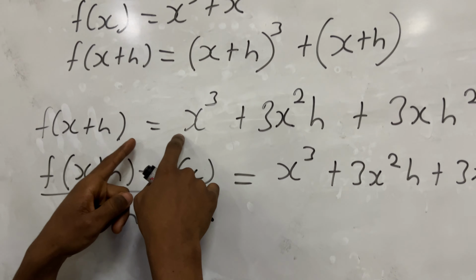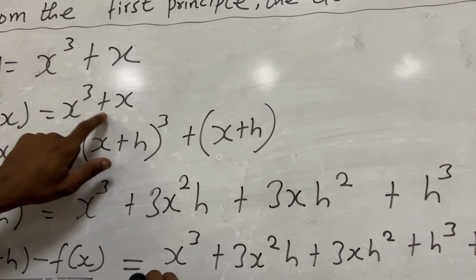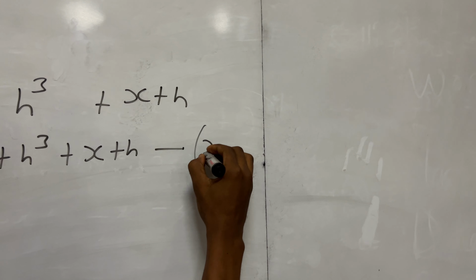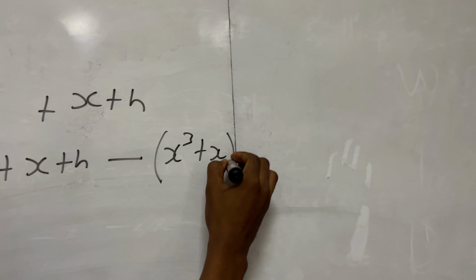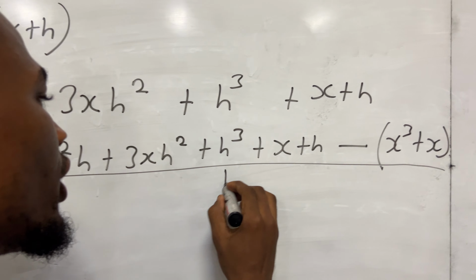My f of x in the question is x to the power 3 plus x. It is an expression, so I'll put it in parentheses: x cubed plus x, all divided by my h.